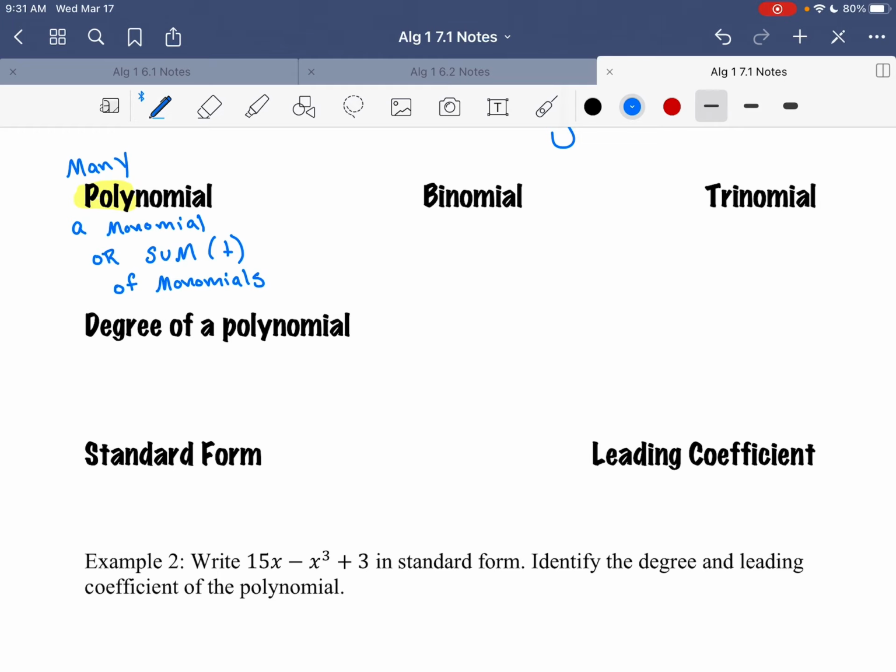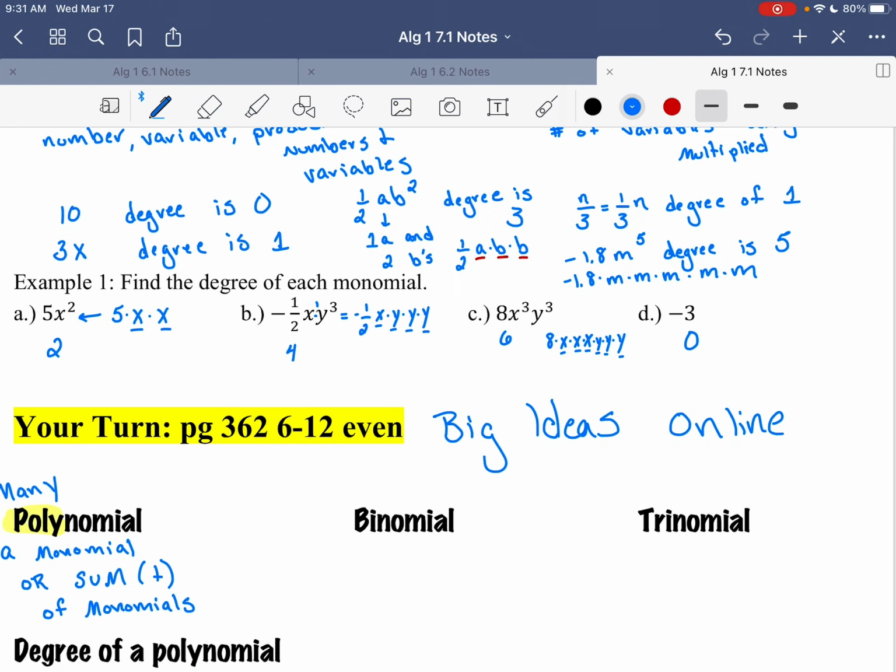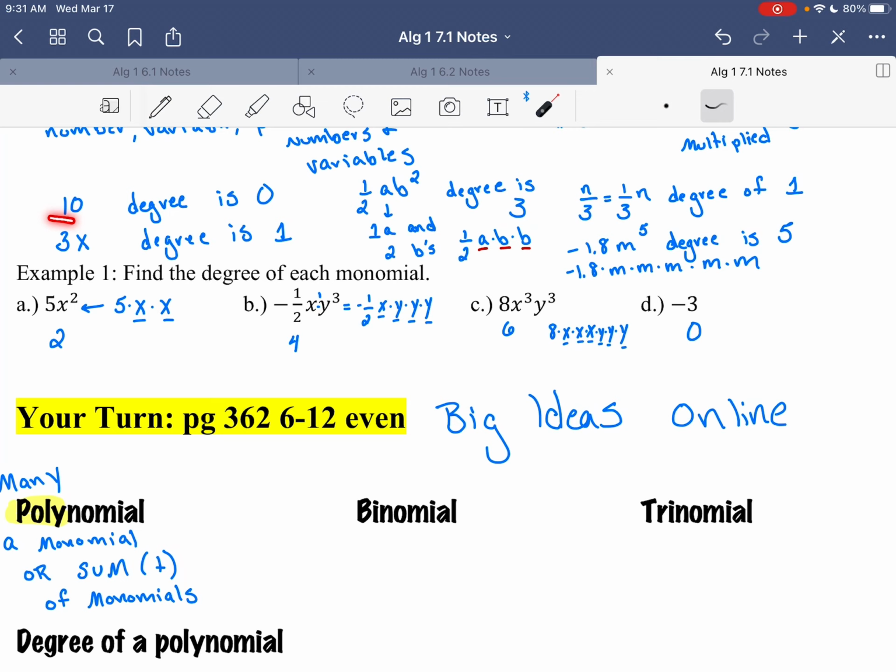For example, if I was to take our monomials from up here, our 10 is a monomial, and add the 3x to it: 10 plus 3x. This is not a monomial, but it is a polynomial because I'm taking two monomials and adding them.